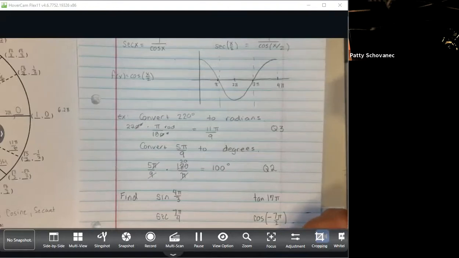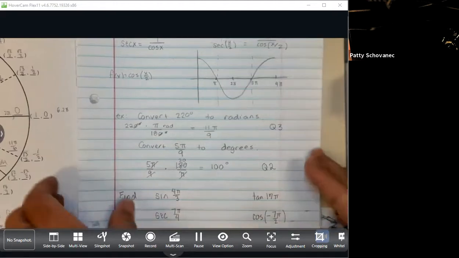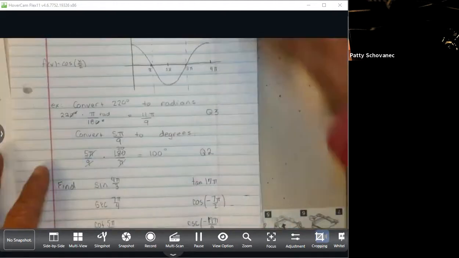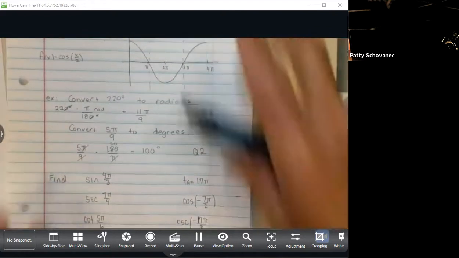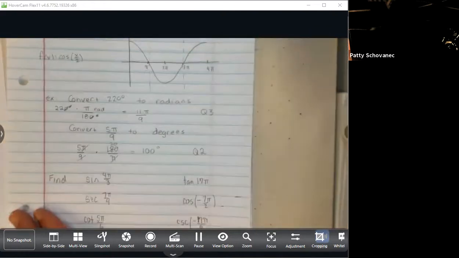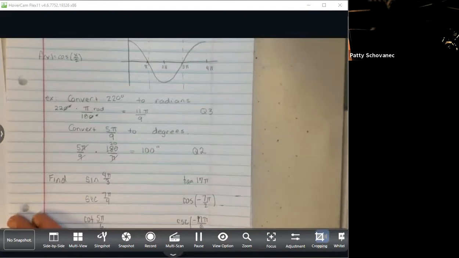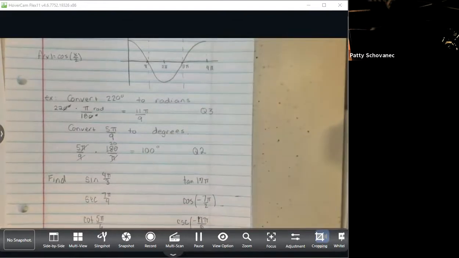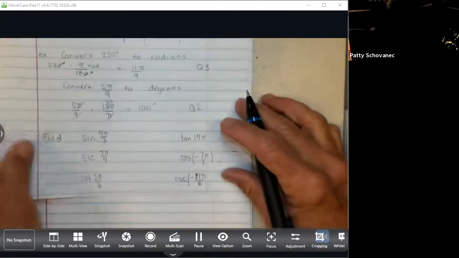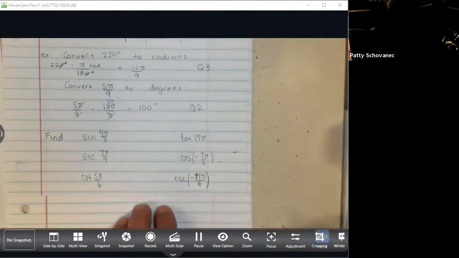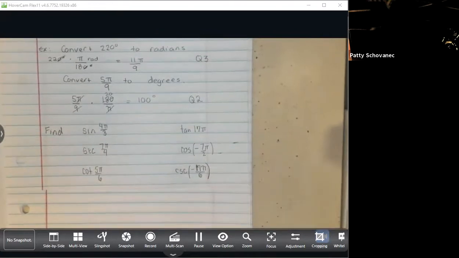Nope, that reduces. 16, 17 pi over 6. That's a negative 17 pi over 6 for that last cosecant here.